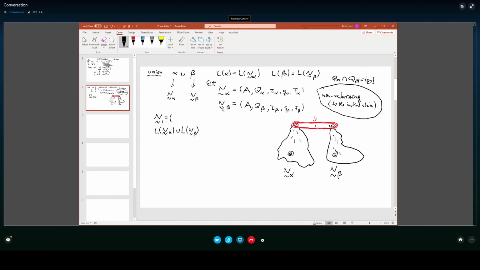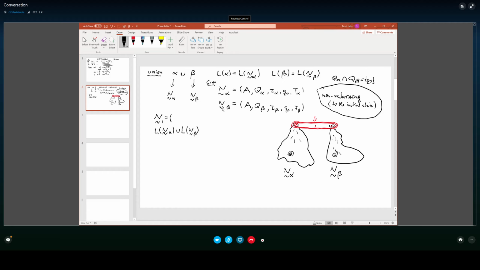We have a set of states Q1. We have a transition function tau 1. We have Q0 as the initial state because every initial state is called Q0. And we have F1.